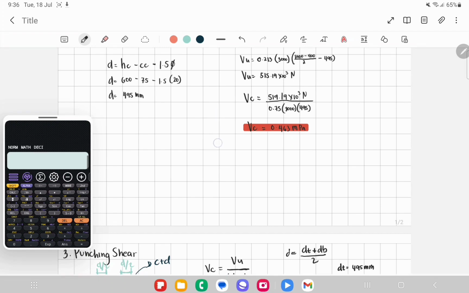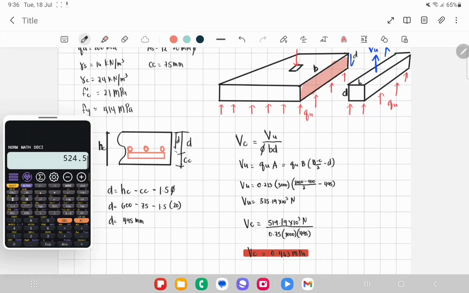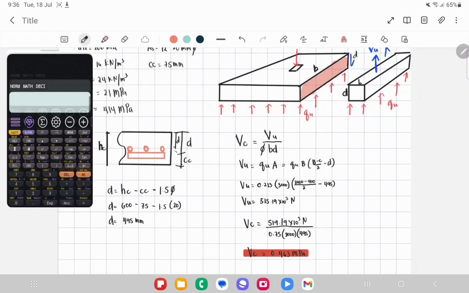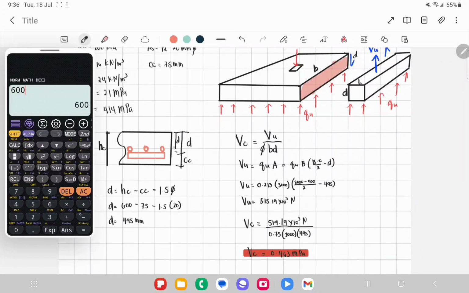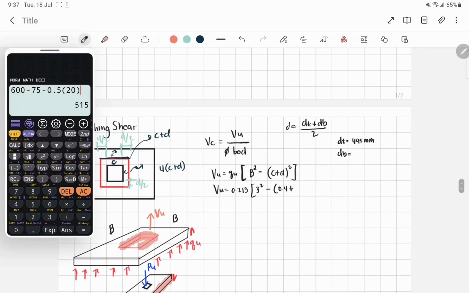minus how much? Considering the bottom bars, this part is half of the diameter. So 600 minus concrete cover minus half of our bottom bar, 0.5 of 20, we have 515 millimeters.